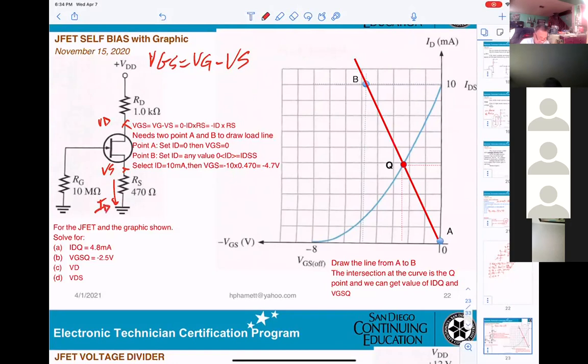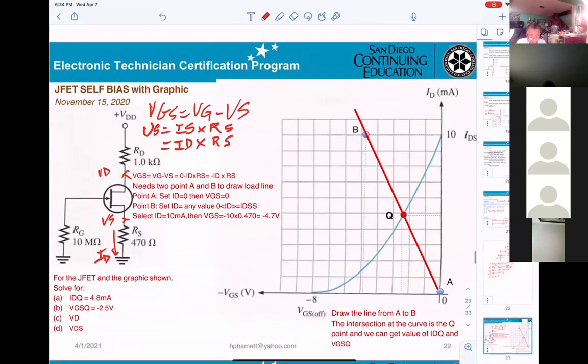So VS equals ID or IS times RS. Same thing, we can say it is ID times RS.